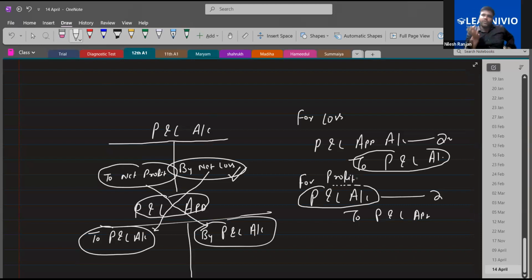In one entry, one is on the debit side and the other on the credit side, and in the second entry, just the opposite. That's why it is a little confusing. But you can focus on any one, and if you are remembering it for profit, you can reverse it for loss.